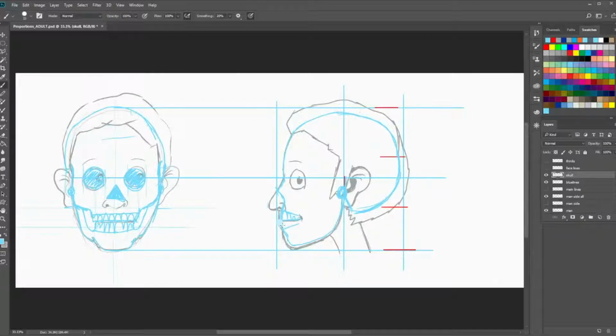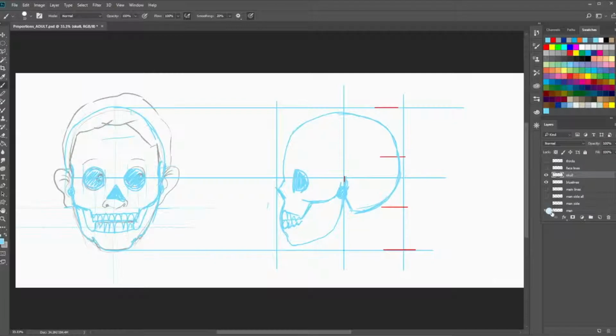So if you draw it like that, the teeth, the eye socket, like this. Okay, and this is the jawline. You also have the cheekbones which come around here. Okay, so let's hide him again, and you'll see the skull also from the side.